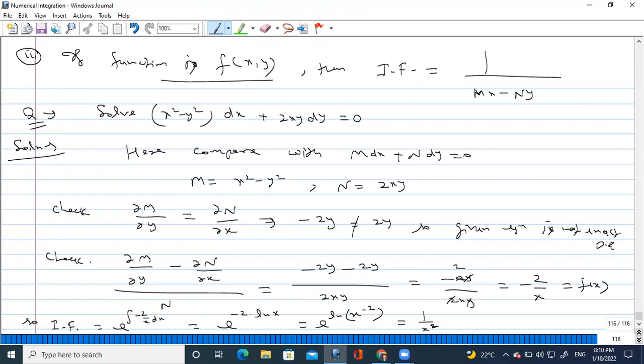So this integrating factor you can multiply in the whole equation. This is my equation number 1, in that I will multiply.